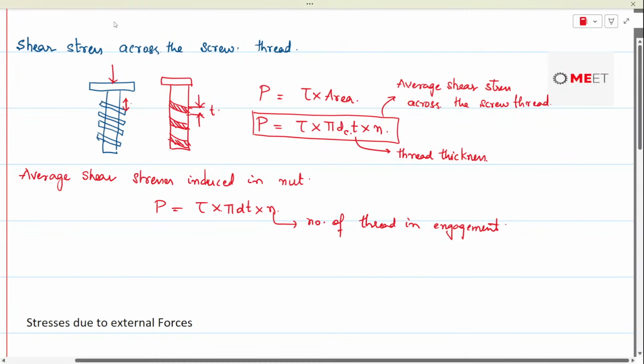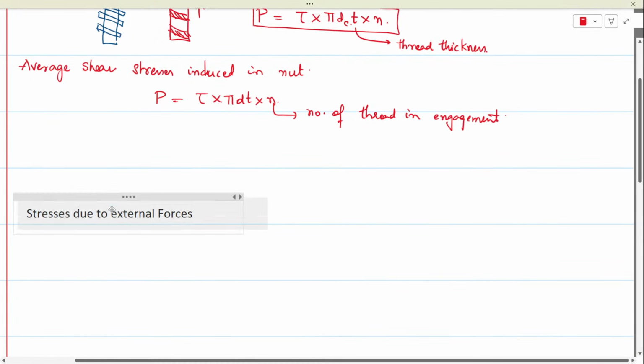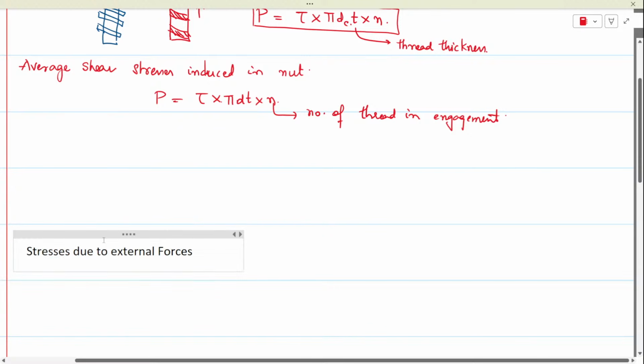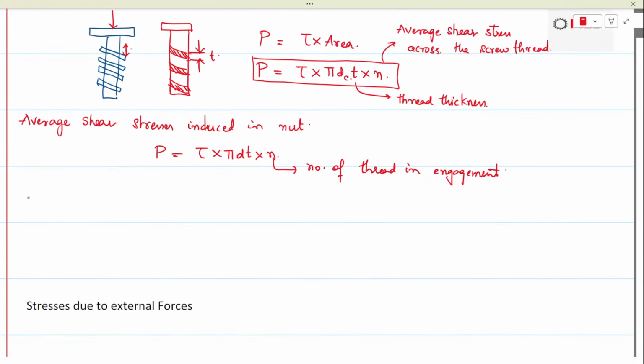Next is, due to preloading, the threads are also likely to suffer crushing stress. If you observe from the top view, especially the threaded portion, it will be like a helix, not a straight surface.